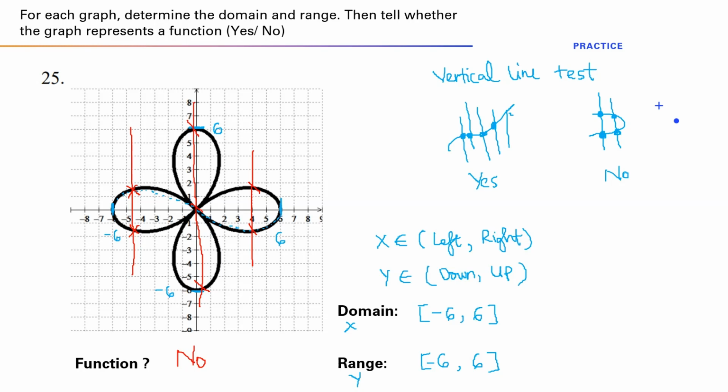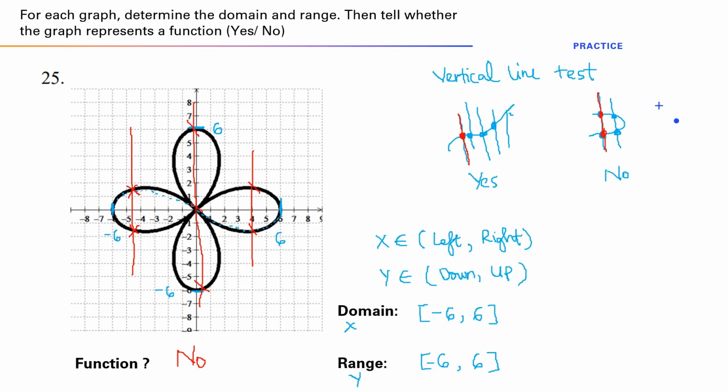Every vertical line you draw down only crosses the graph one time. Only one. If it's more than one, like 2 or 3 or 4 or 5, then that graph does not represent a function.